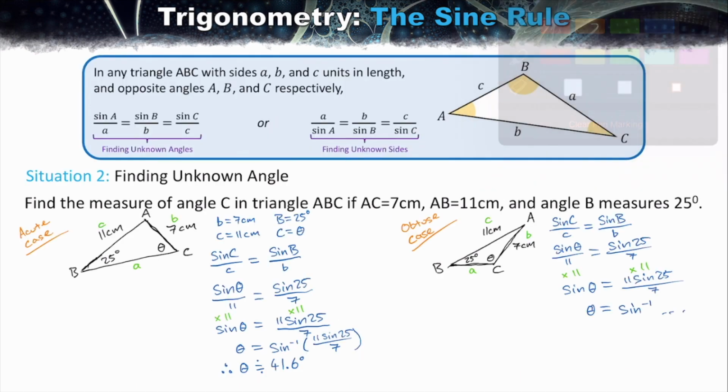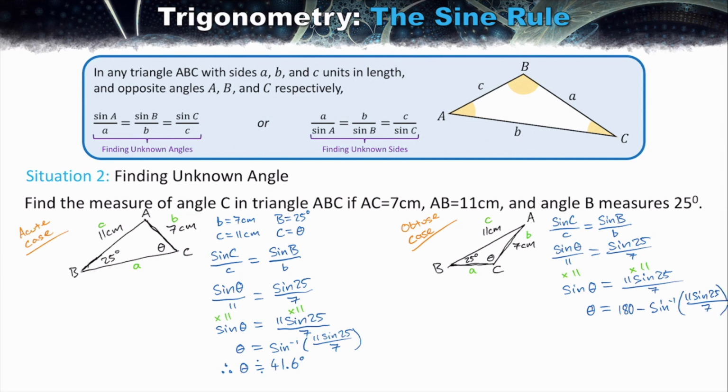That's what we need to do when we come back to this. We need to realize that we've got an obtuse case, and you'll generally see that on your diagram. So we've got to go 180 minus the sine inverse of 11 sine 25, all divided by 7.